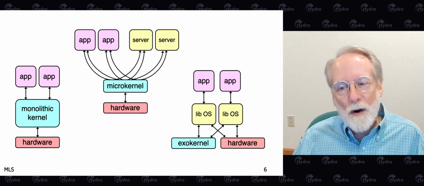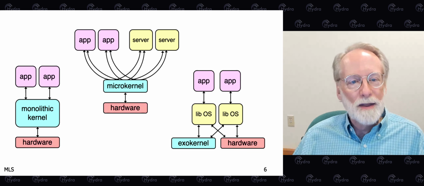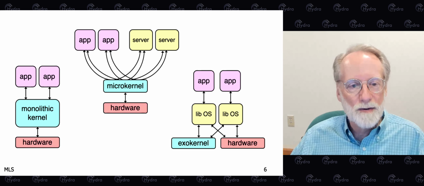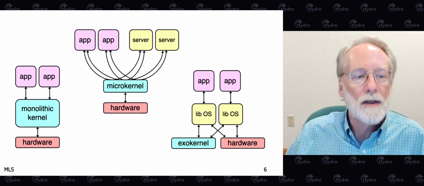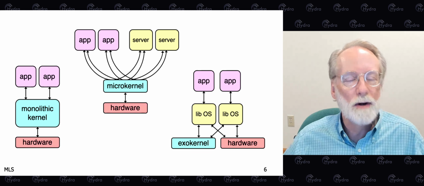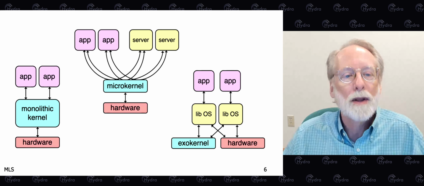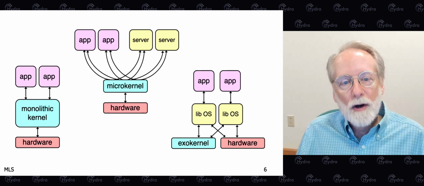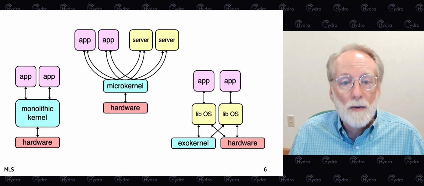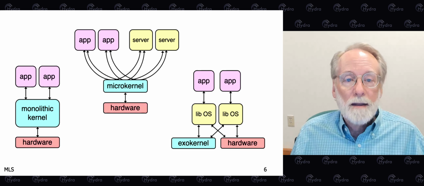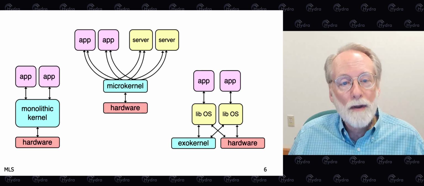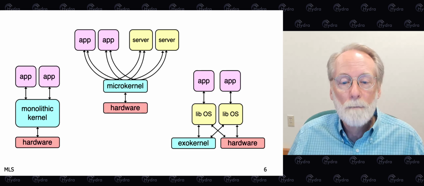So at the risk of oversimplifying a bit, we can think of these options graphically as shown on this slide, where the traditional monolithic kernel is over there on the left, and every application interacts with global services and with the hardware only by going through the kernel. In a microkernel shown in the middle, applications get much of their service from user-level servers that can then be modularized and more easily updated, but all the communication has to go through the kernel.